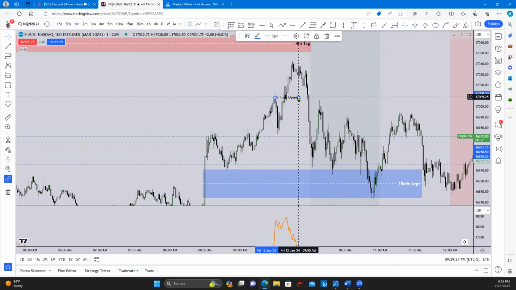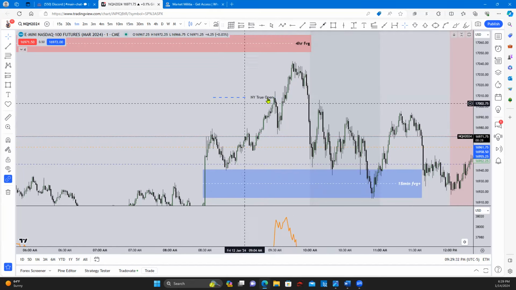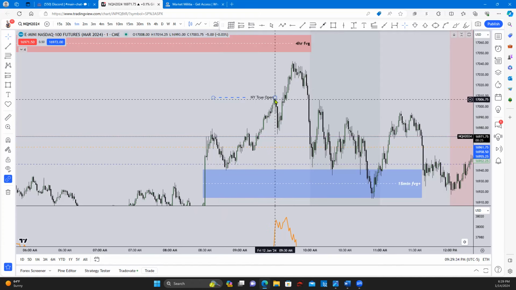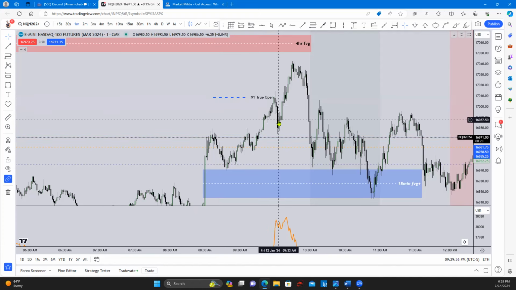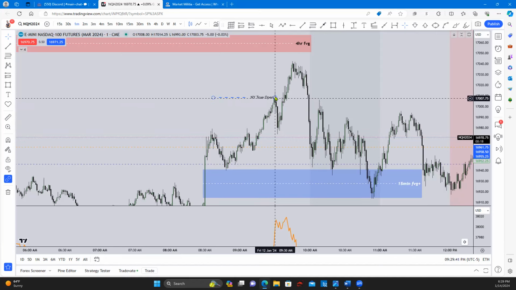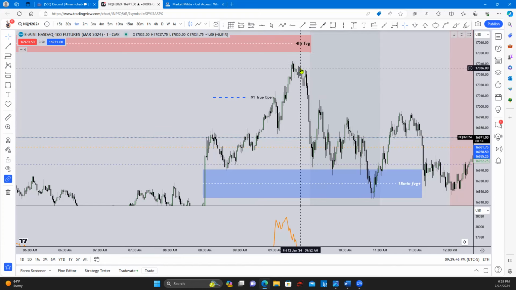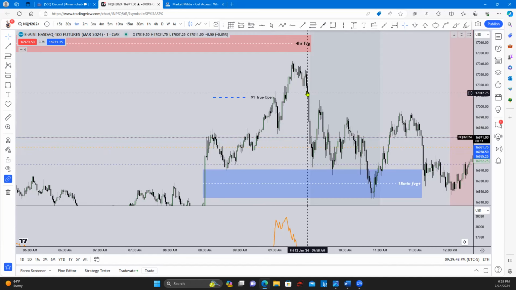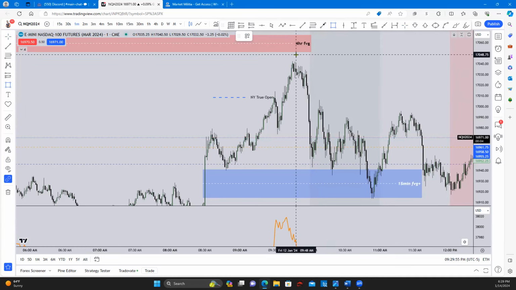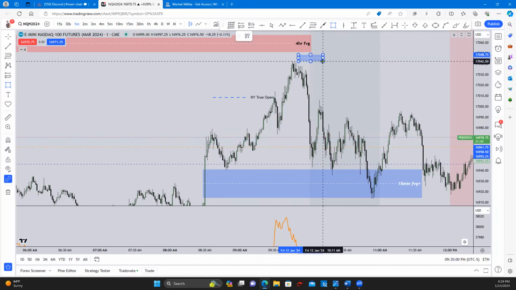New York true open here. Okay. So this is our opening price at 9:30. You can see here we dropped down inducing sellers at 9:30, but the run from 9:30 to 9:50, which is the start of the next ICT macro, begins between 9:50 here and about 10:10.